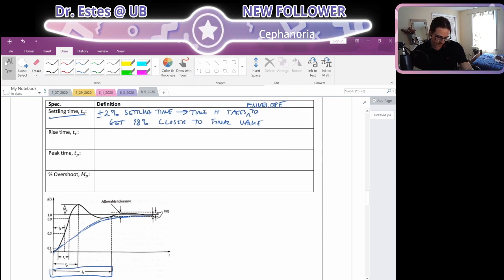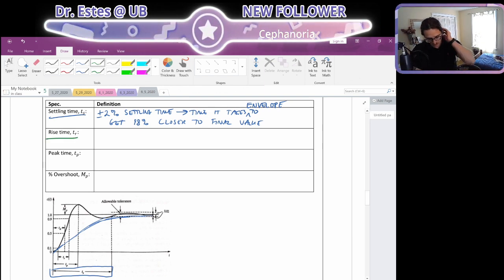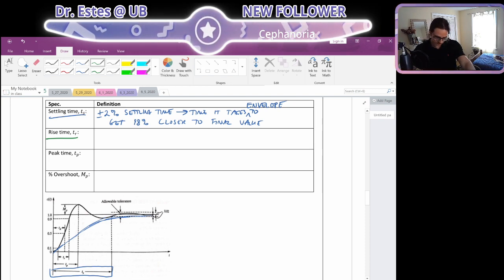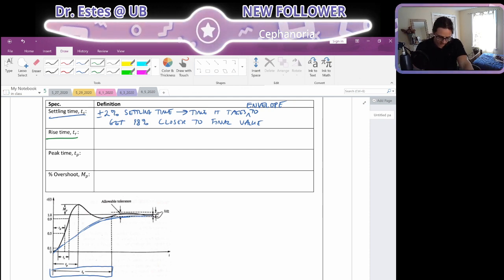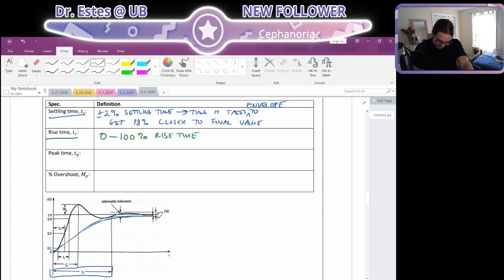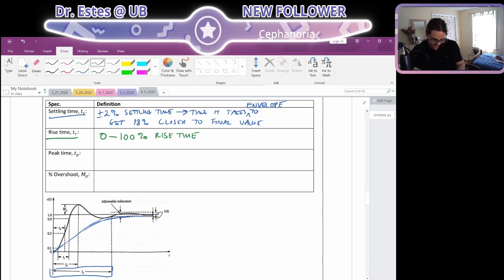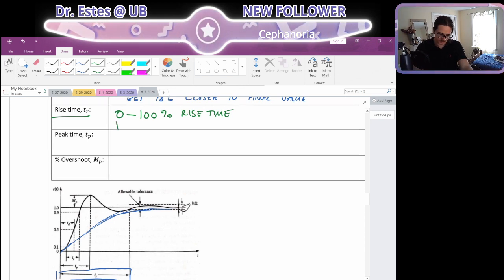Let's do rise time. Let's talk about, there's different definitions for this one. We'll do the definition of the 0 to 100% rise time. Or actually, let's just put both, because this one is the one shown in the figure.